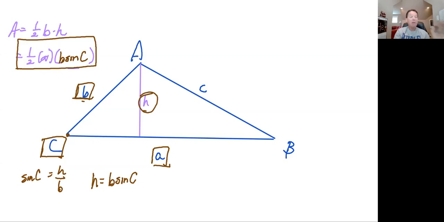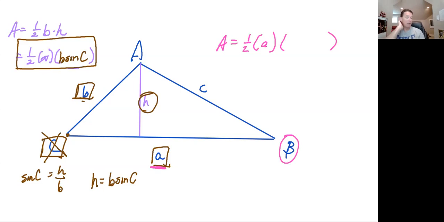So that's all fine and good, but then you should say, well, great, what if I don't know angle C, and instead I only know angle B? Could I still do it? Well, in this triangle, isn't A still the base? So I can still write the area as 1/2 base times some unknown height.